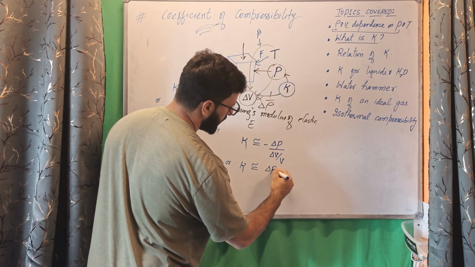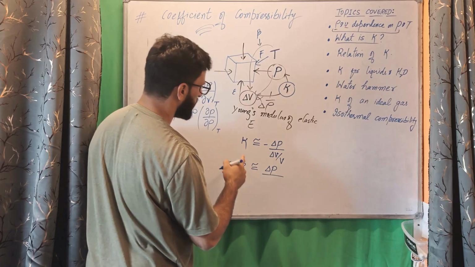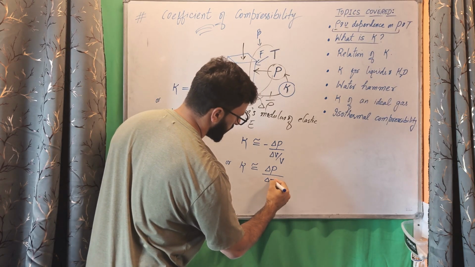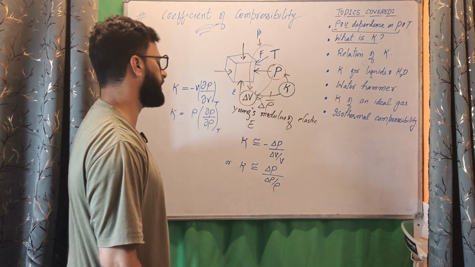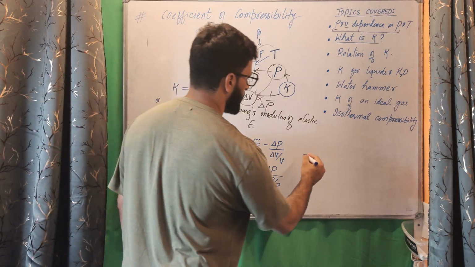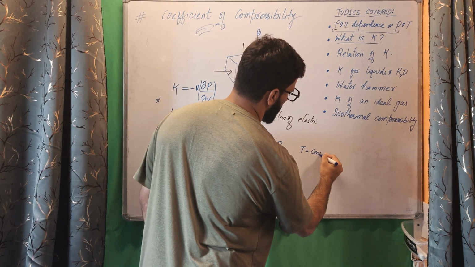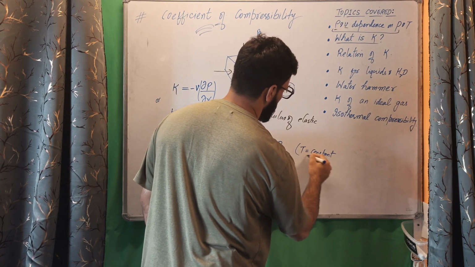It is delta P divided by, with a plus sign in case of density, delta rho by rho, relative change in density, at constant temperature. T is constant in both the cases.